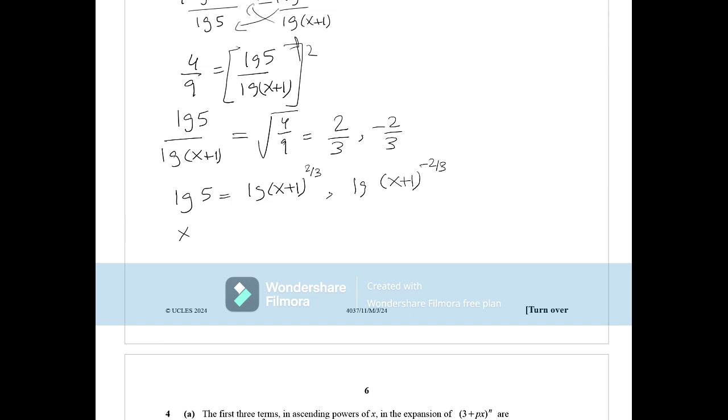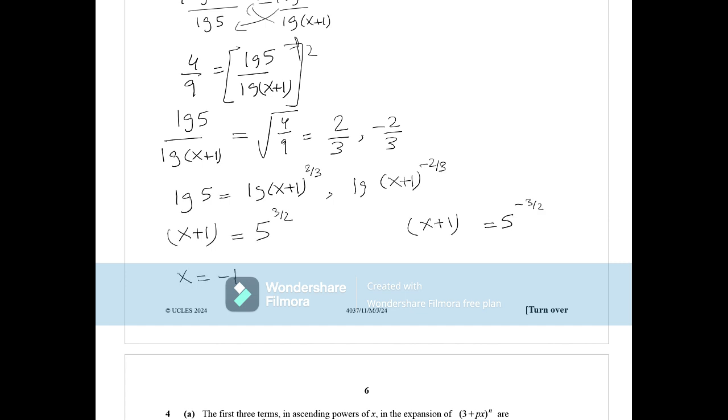Okay, so x plus 1 to the 2 over 3 is 5, and then x plus 1 to the minus 2 over 3 is 5. So I can erase it from here and make it 3 by 2 and make it negative 3 by 2.